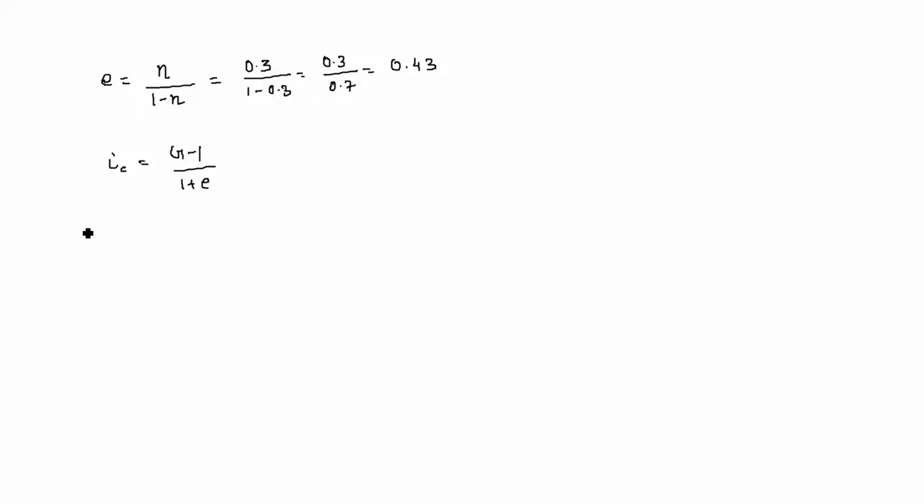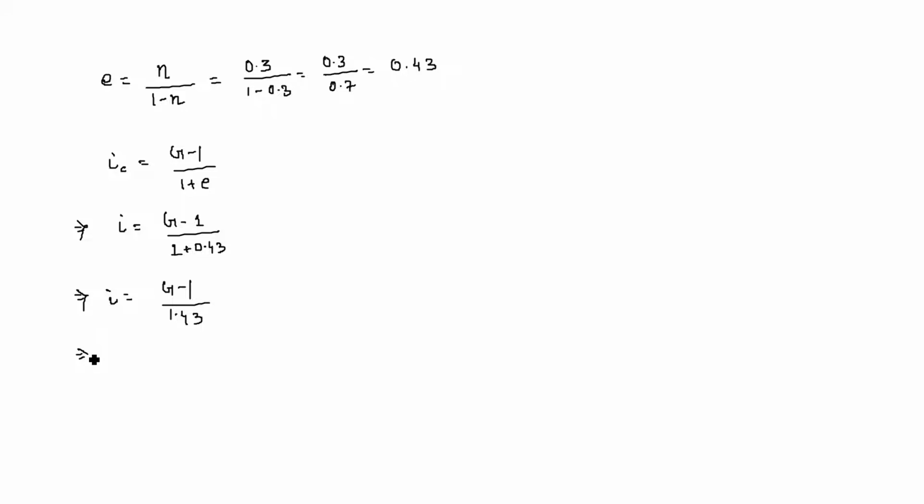So, here in this question, this hydraulic gradient i is equal to specific gravity G minus 1 by 1 plus e. So, e we have just calculated as 0.43. So, we can write this equation as i is equal to G minus 1 by 1.43.